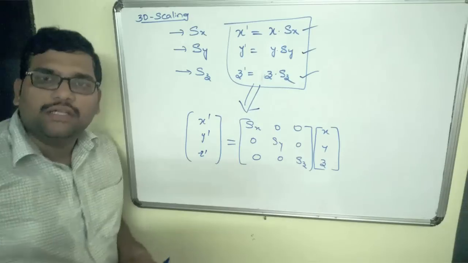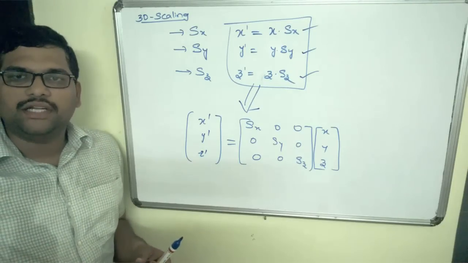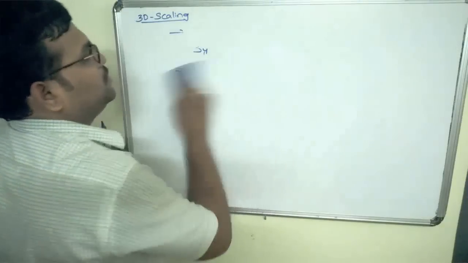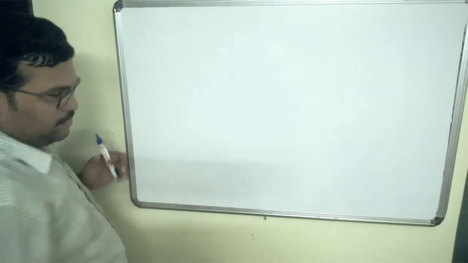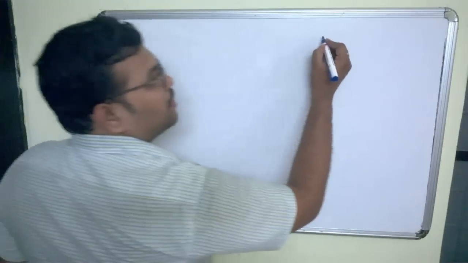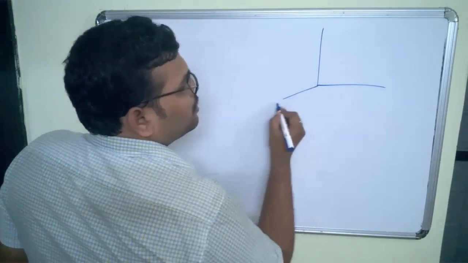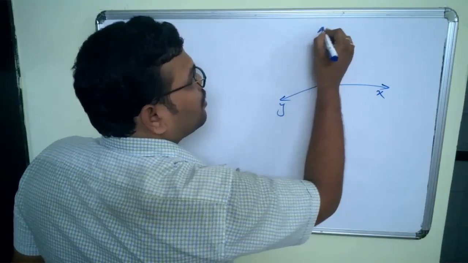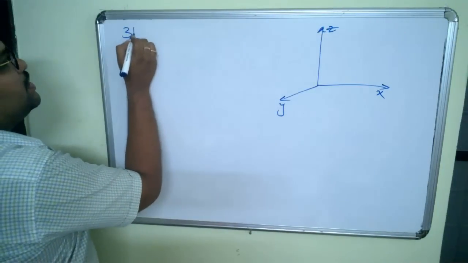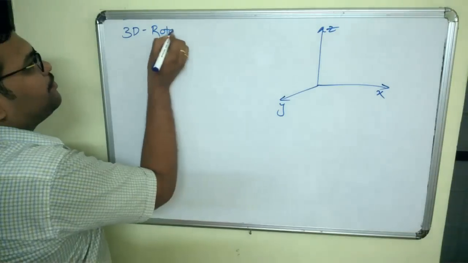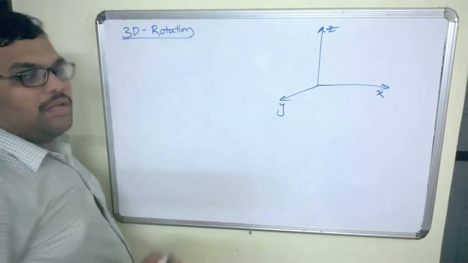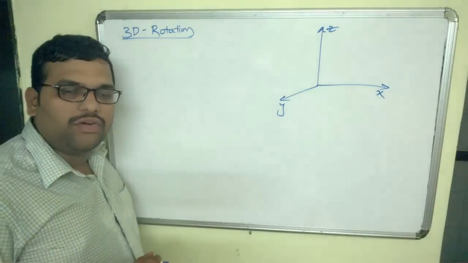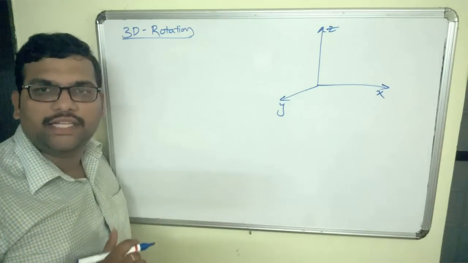Now let us move on to another transformation function, that is rotation. So next one is 3D rotation. Here in 3D rotation, there will be rotation towards the x-axis, rotation towards the y-axis, and rotation towards the z-axis.